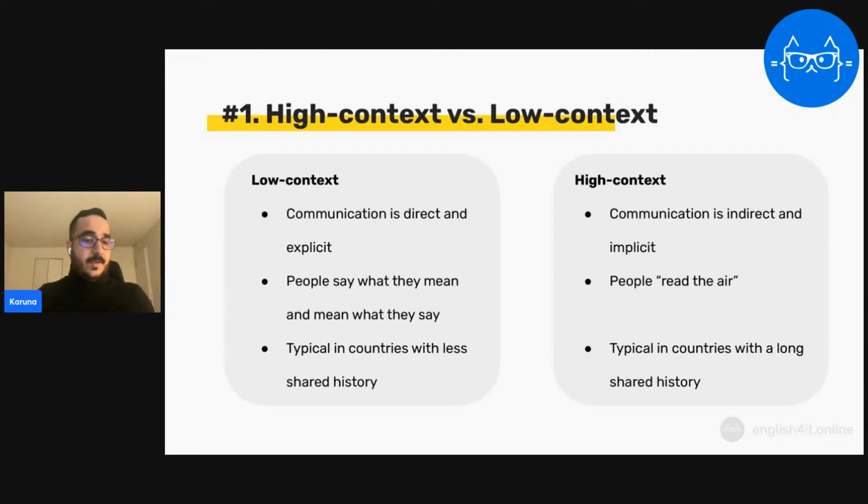Low context cultures, on the other hand, are cultures in which communication is a lot more direct, a lot more explicit. You spell things out, you say what you mean, right? And these cultures tend to emphasize directness more than maintaining the hierarchy, right?